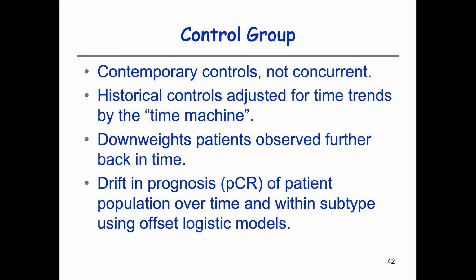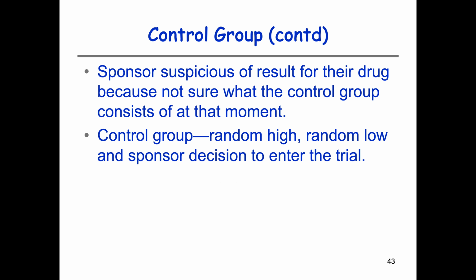So these are essentially historical controls, but they're adjusted for time trends using the time machine. This downweights patients observed further back in time. And the drift in prognosis, that is PCR of patient population over time within subtype, is corrected for using an offset logistic model.